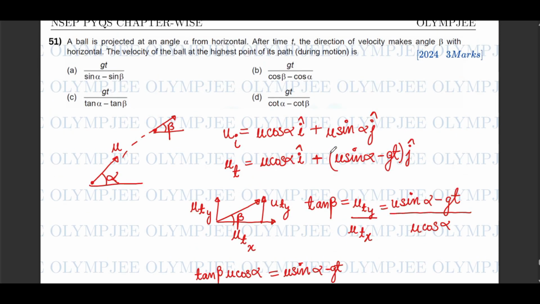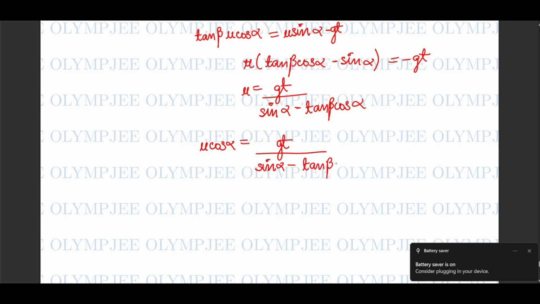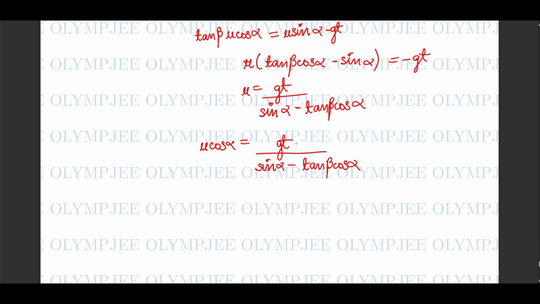and we are asked the velocity of the ball at the highest point. That will be u cos alpha, that is gt by sin alpha minus tan beta cos alpha multiplied by cos alpha.